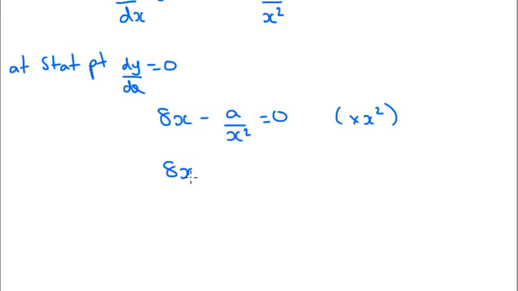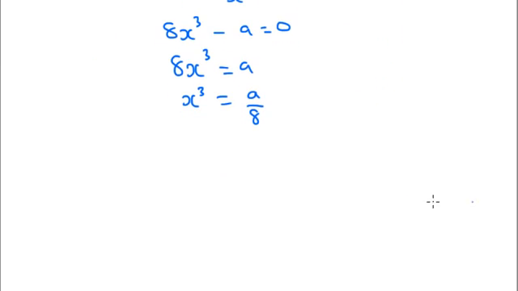So that's going to give me 8x cubed minus a is equal to 0. So 8x cubed is equal to a, x cubed is equal to a over 8, and so x, the solution for the stationary point, the x coordinate, is going to be the cube root of a over the cube root of 8, which is 2.